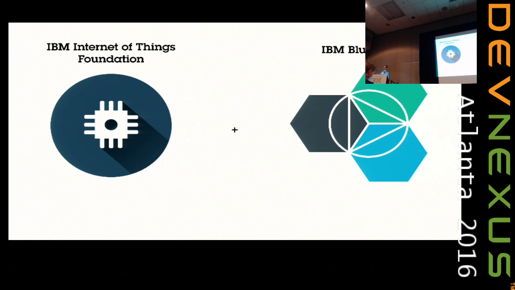So for example, if you want to do analytics on the data that is coming from your devices, we offer Apache Spark as a service or Apache Hadoop as a service. So you can start to set up analytics on this data. We also offer database solutions that can handle the scale of data that's coming from these devices, and if you need to persist that data, etc. So the two cloud offerings together offer kind of a perfect solution for an IoT application.